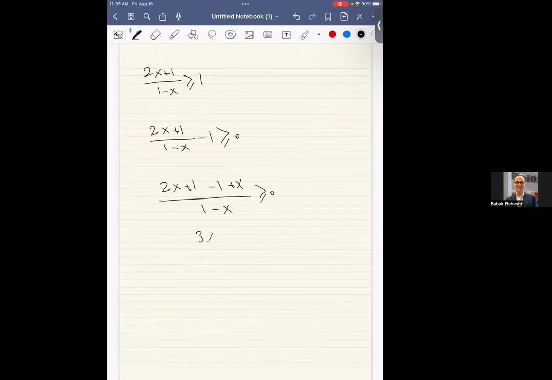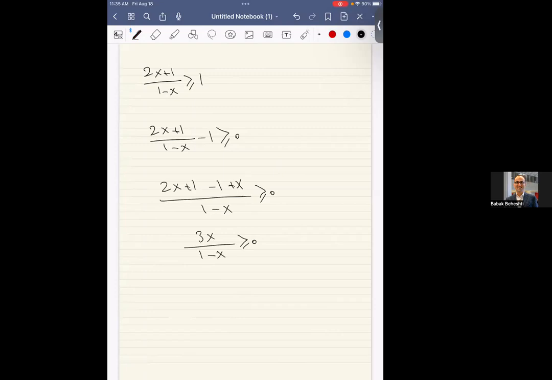So you have 3x over 1 minus x must be greater than 0.